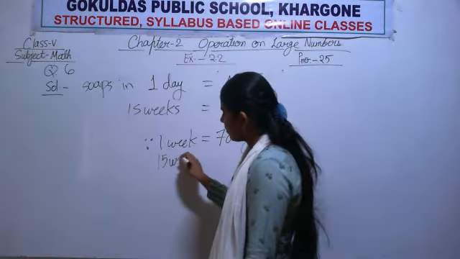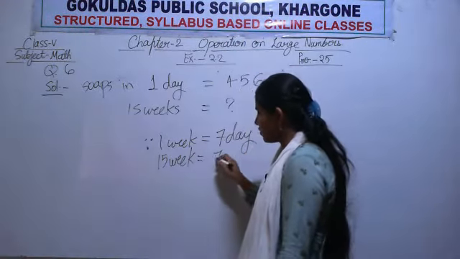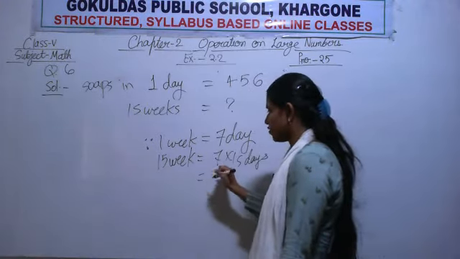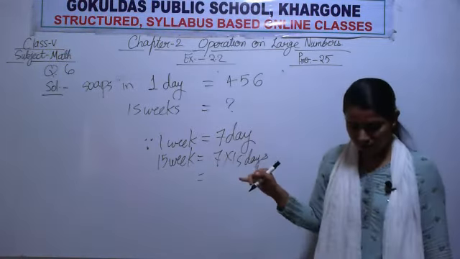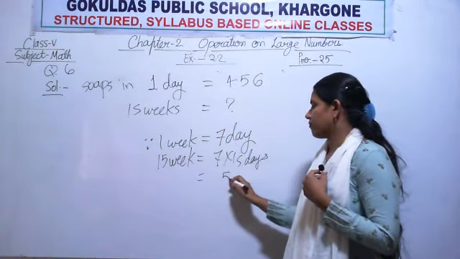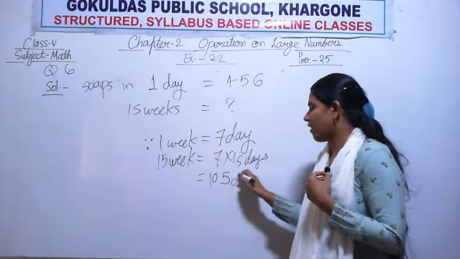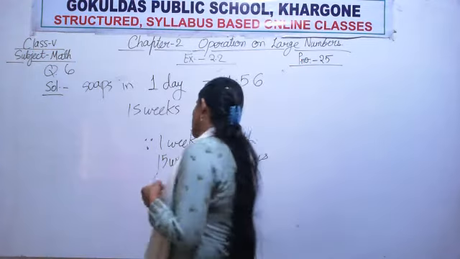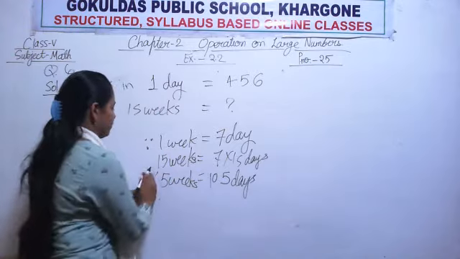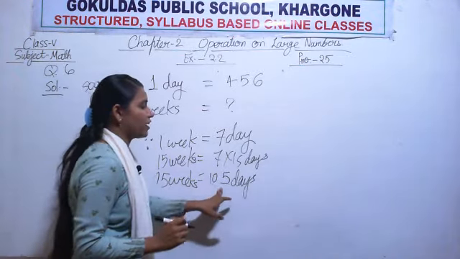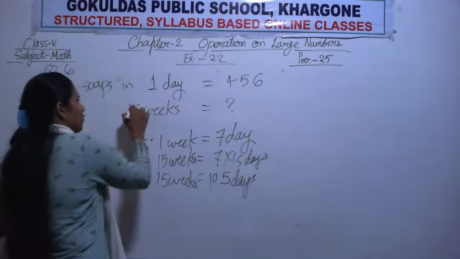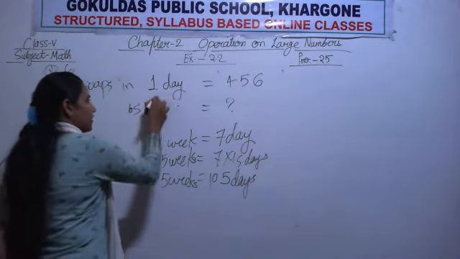So 15 weeks equals 7 into 15 days. 7 into 15 is, who knows the table of 15? 105 days. So 15 weeks means 105 days. Instead of writing 15 weeks, you can write 105 days.